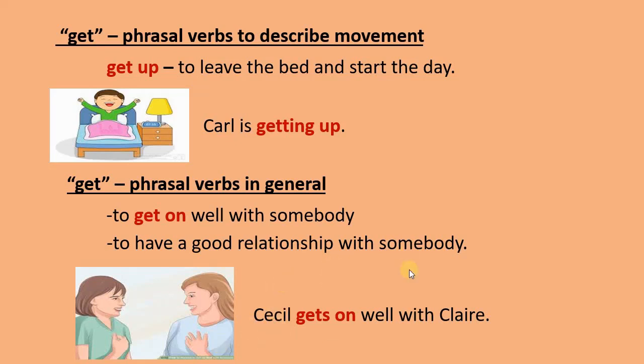Example here. Cecil gets on well with Claire. Means Cecil has a good relationship with Claire. So they get on well. They are friends.